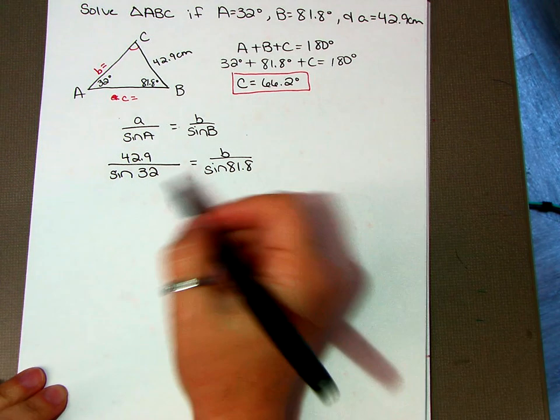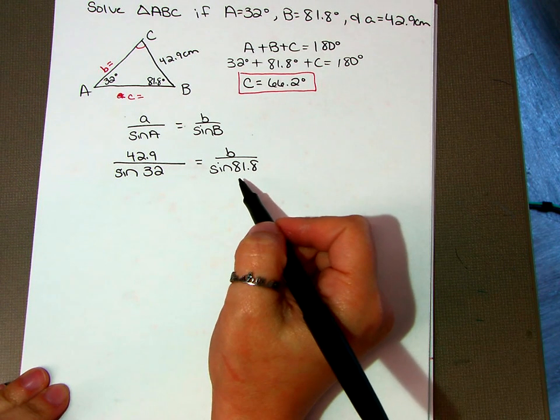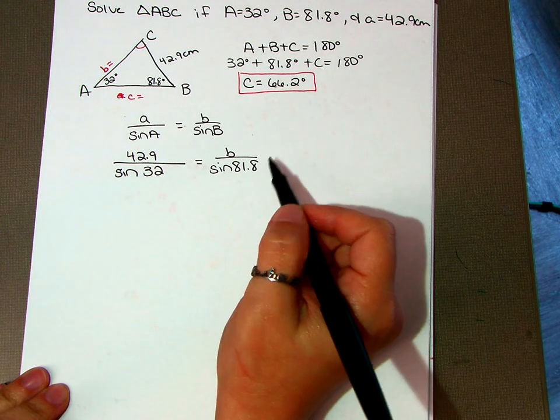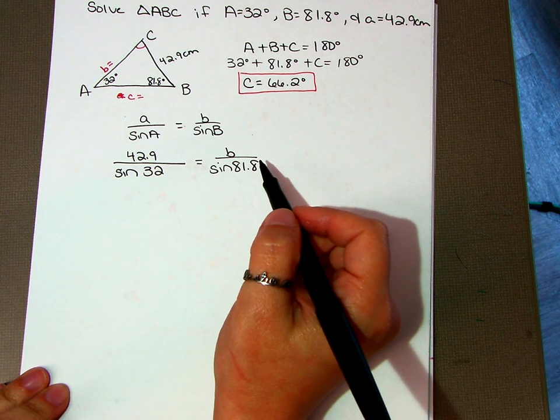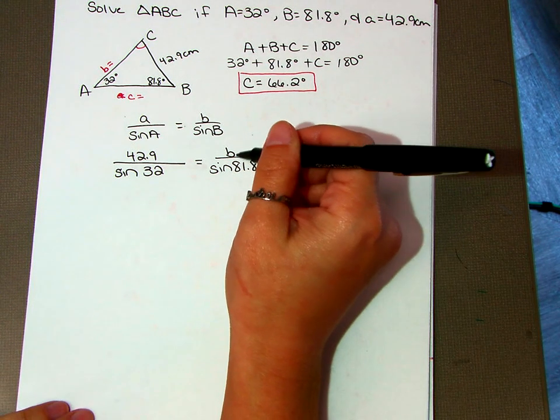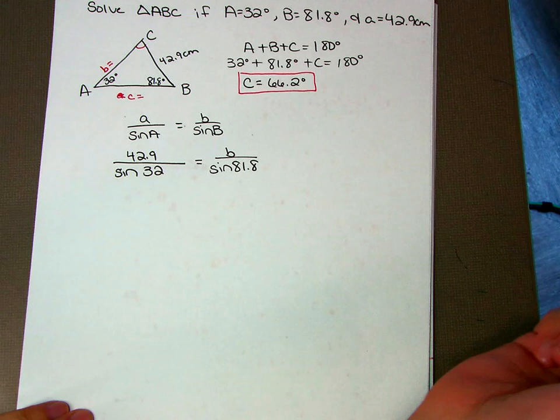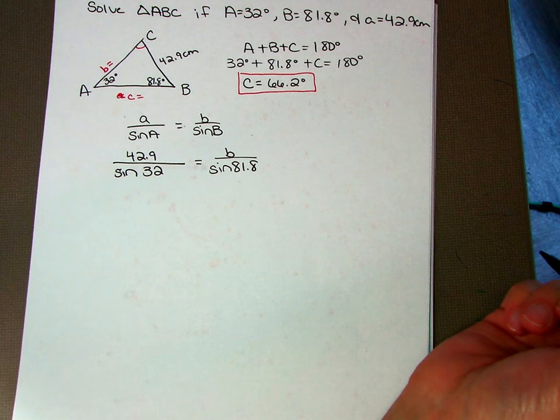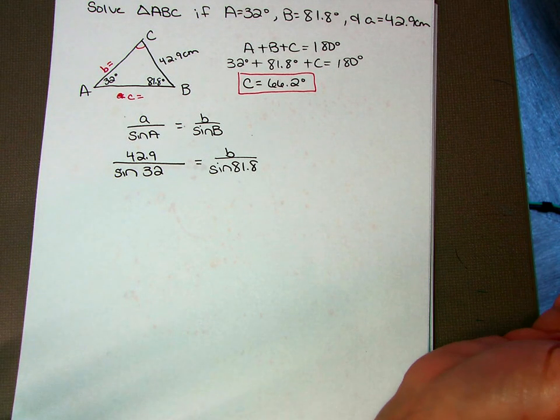So how do I solve in algebra? How do I solve if I have a fraction equal to a fraction? Cross multiply, or you can also think about just multiplying this sine of 81.8 over, however you like to think about it, totally works.